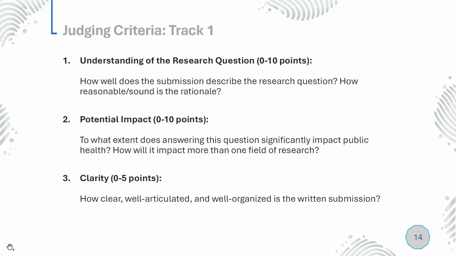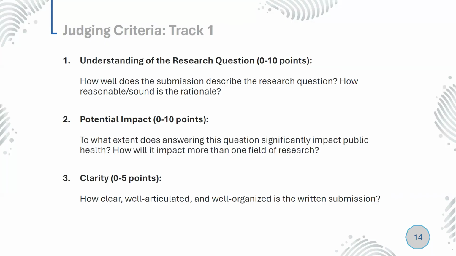Yes. Okay, so this will be judged based on 3 different criteria. The first one is the understanding of the research question. How well have the entrants justified this question? Can they show that there is a demonstrable potential for impact? What areas of public health will answering this question impact? Is it 1? Is it 2?